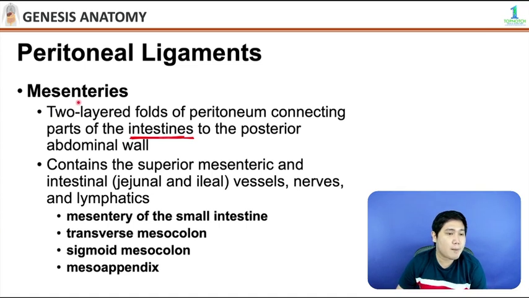If it is the stomach, omentum. It will contain the superior mesenteric and intestinal vessels, nerves, and lymphatics. Examples of mesentery are the mesentery of the small intestine, the transverse mesocolon, sigmoid mesocolon, and the mesoappendix.